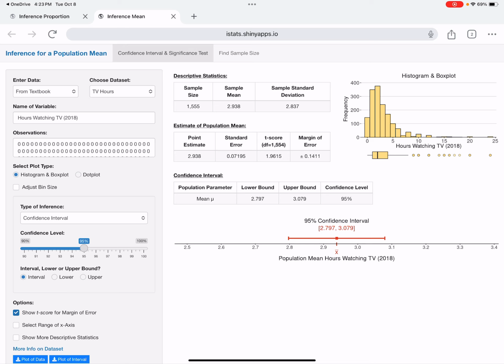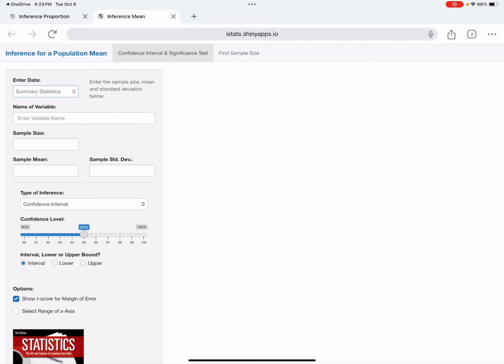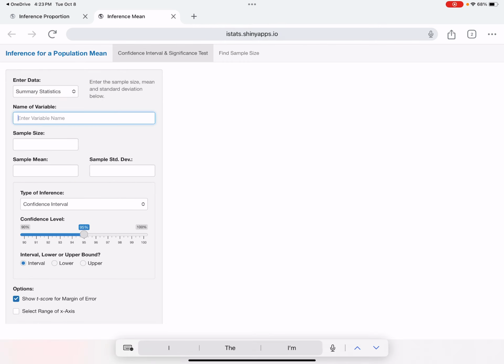Okay, so here we are, and we want to enter some summary statistics. We will put in the credit cards. We had a sample size of 5, a sample mean of 2.5, a sample standard deviation of 1.3.